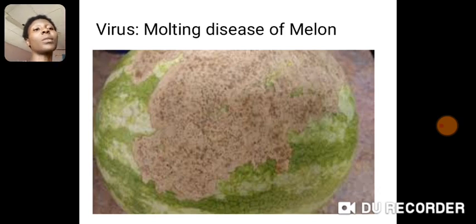So it's called mottling disease of melon fruit, and it's triggered by a virus. There's a particular type of virus that causes it. So this one, please don't eat it if you find such. When you go to buy your watermelon fruits, go for the healthy ones, uniformly colored and looking healthy and indeed healthy.